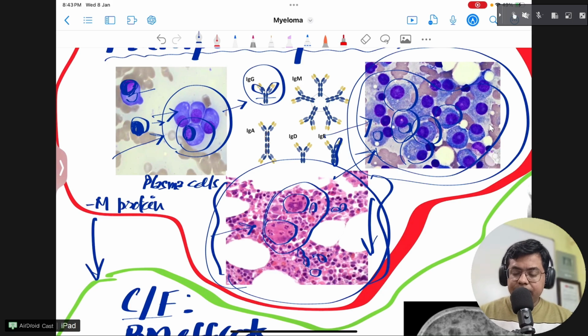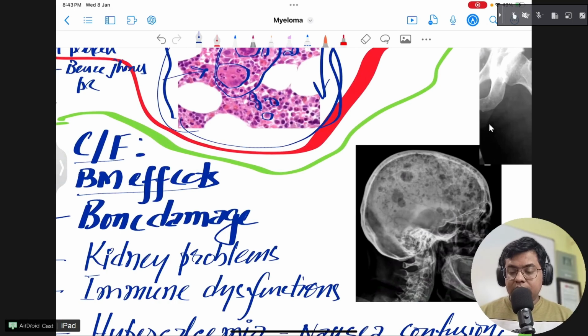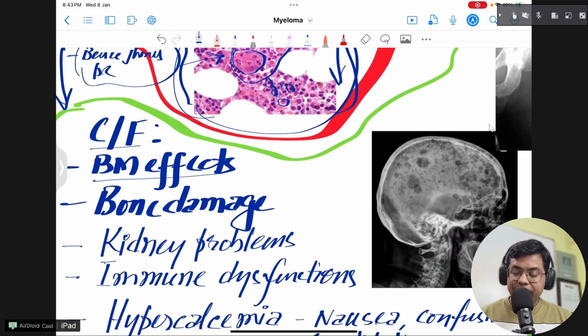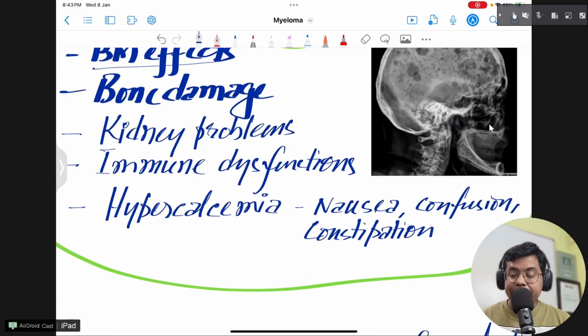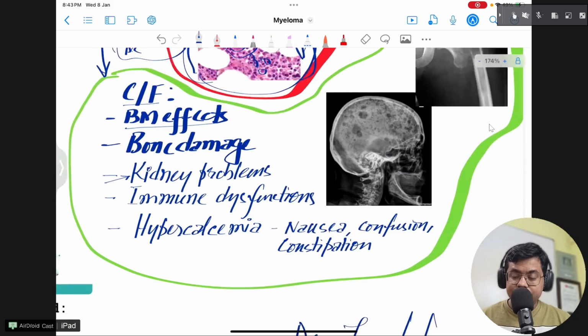And sometimes in urine we find some kind of abnormal protein that is known as Bence Jones protein. In case of myeloma, these abnormal proteins can precipitate within the renal tubule and cause renal impairment.